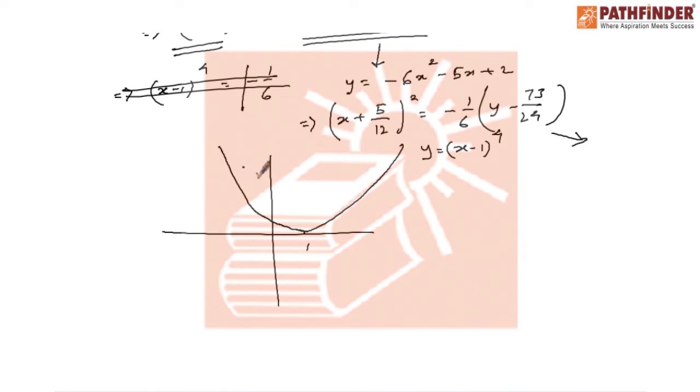When x equals 0, y is a positive quantity, so of course the parabola looks something like this. It will be intersecting at two different points, and hence clearly they have 2 points of intersection, which means this given polynomial will have 2 real roots.